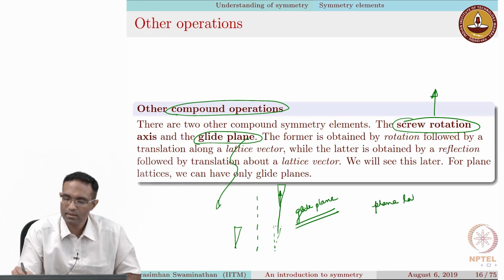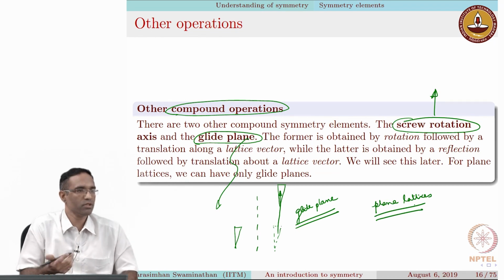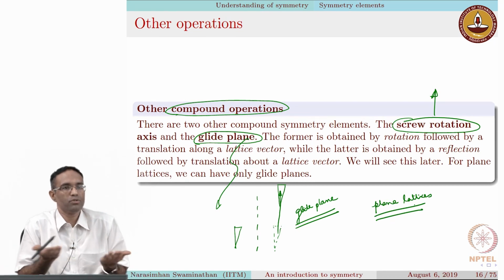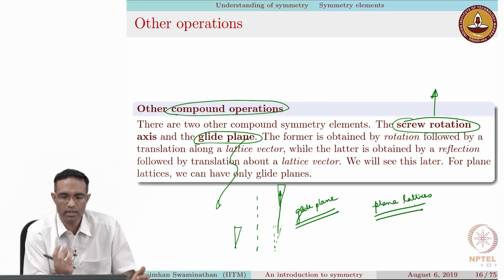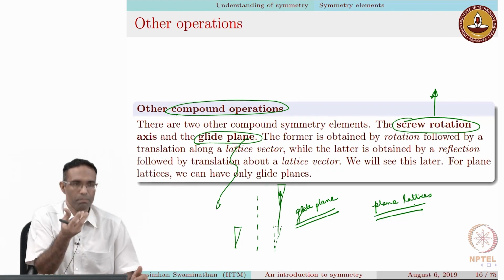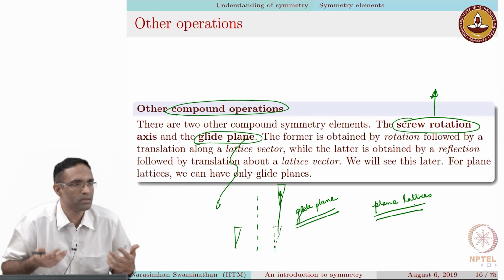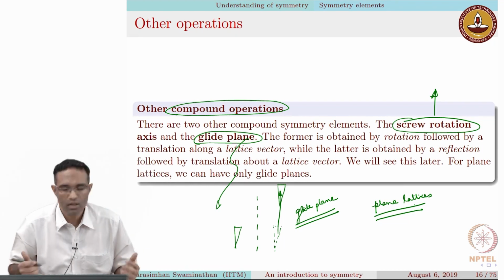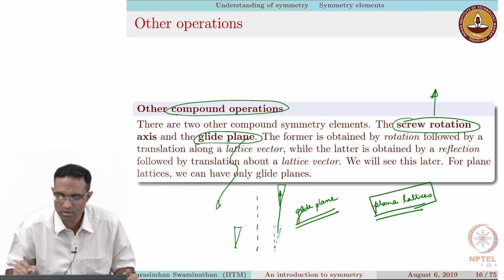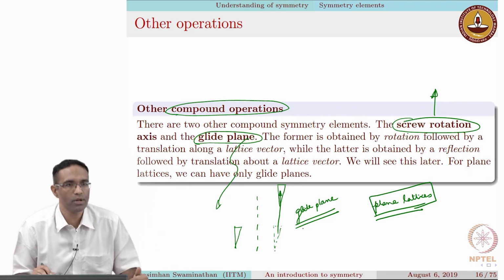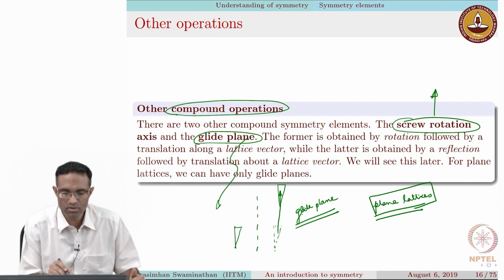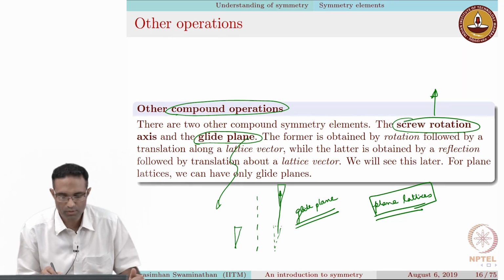Okay, so when we talk about plane lattices, this symmetry element does not exist because we are only talking about atoms or molecules distributed in the plane, right? If at all there is a screw rotation axis, it will rotate and it has to come outside the plane of the paper, but then that is no longer a plane lattice, right? So we want to talk about plane lattices first, and there the only additional translation symmetry operator that we need to learn is this thing called the glide plane, which involves a mirroring operation followed by translation.